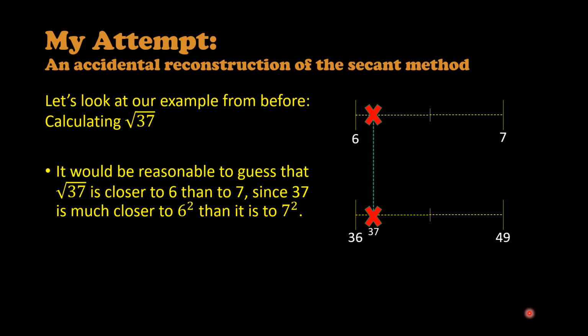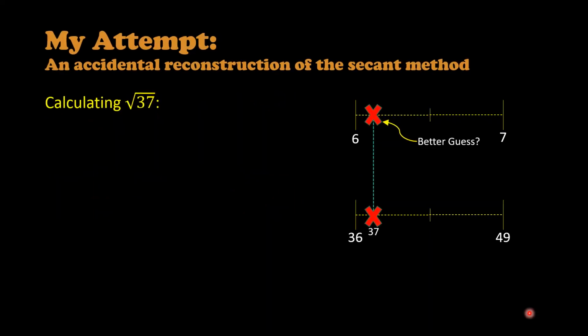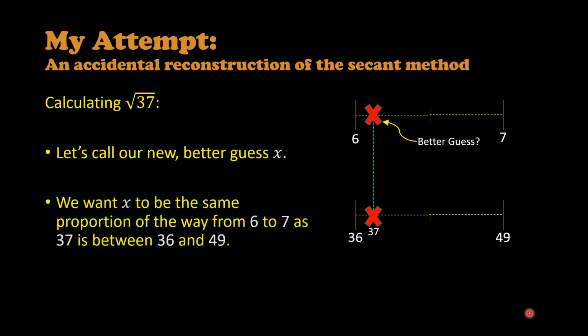And we just have to figure out where that is. So that point is the same proportion of the way. We'll call this point X, right? And we want X to be the same proportion of the way between 6 and 7 as it is between 36 and 49. That's the idea behind this method here.